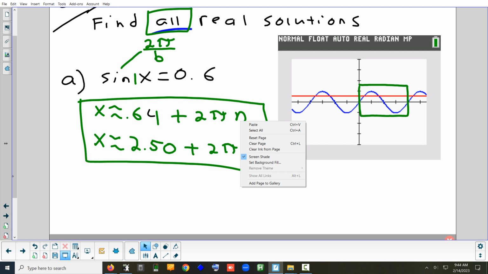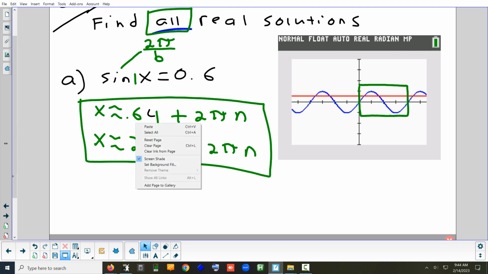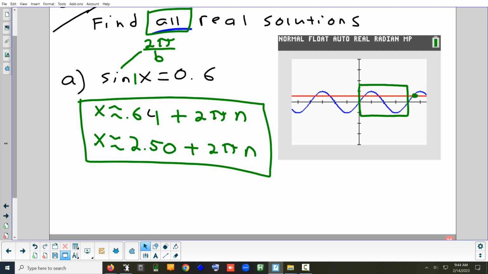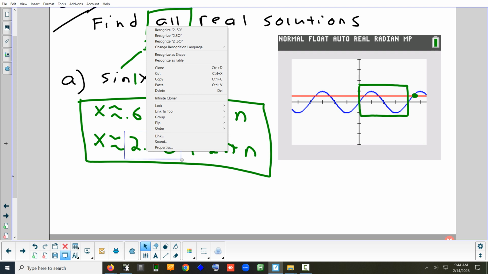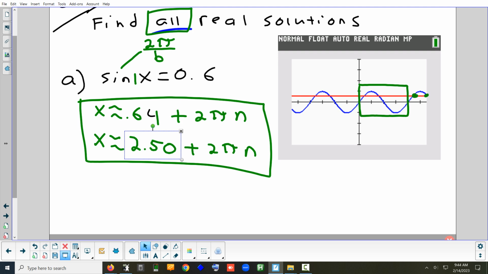If you let n equal 1, it would add one multiple of 2 pi to that answer, which would be that answer right there. If you add one multiple of 2 pi to this answer, it would be that answer right there. Any question on that?